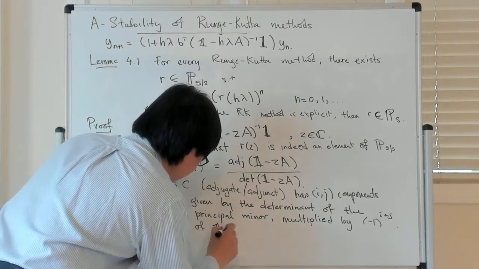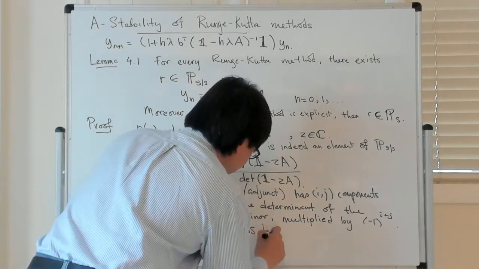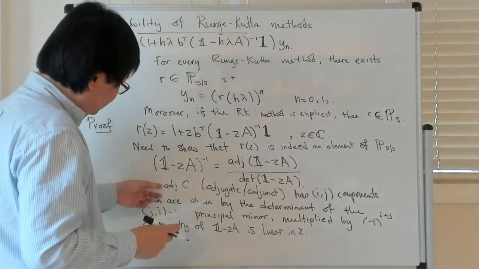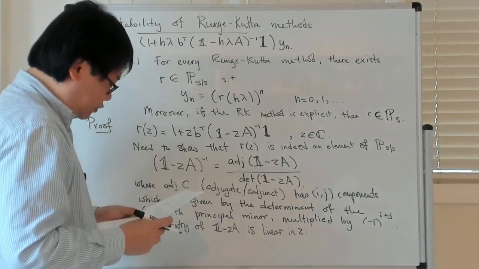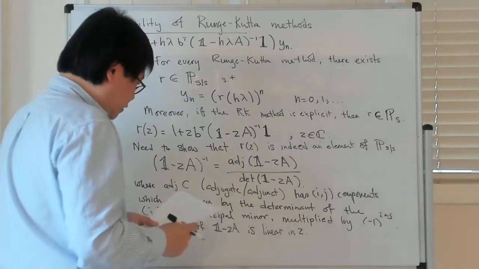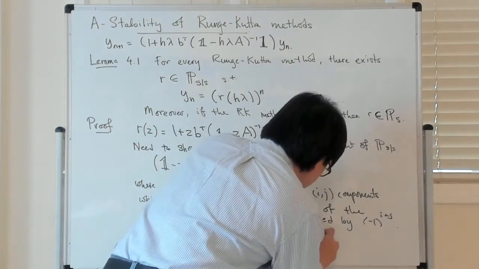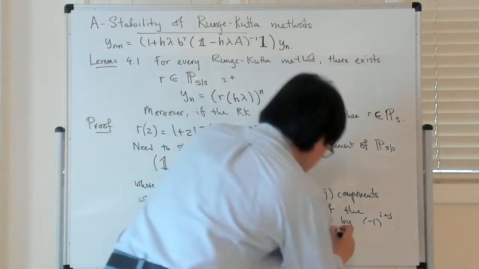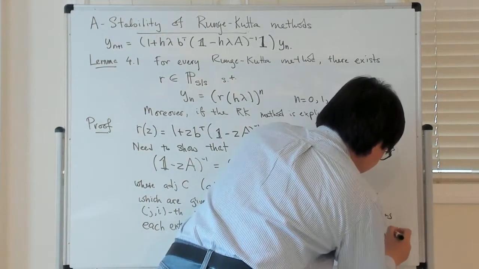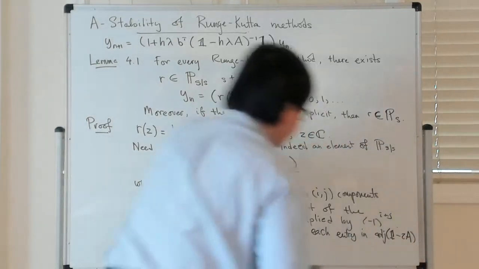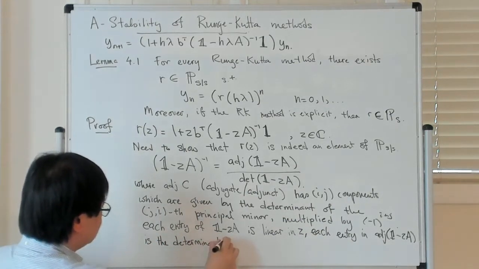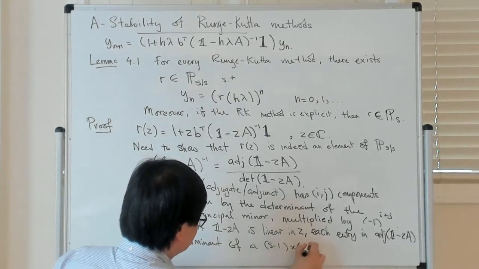So each element of the adjugate of that matrix, up to a sign, is the determinant of an s minus 1 by s minus 1 matrix.